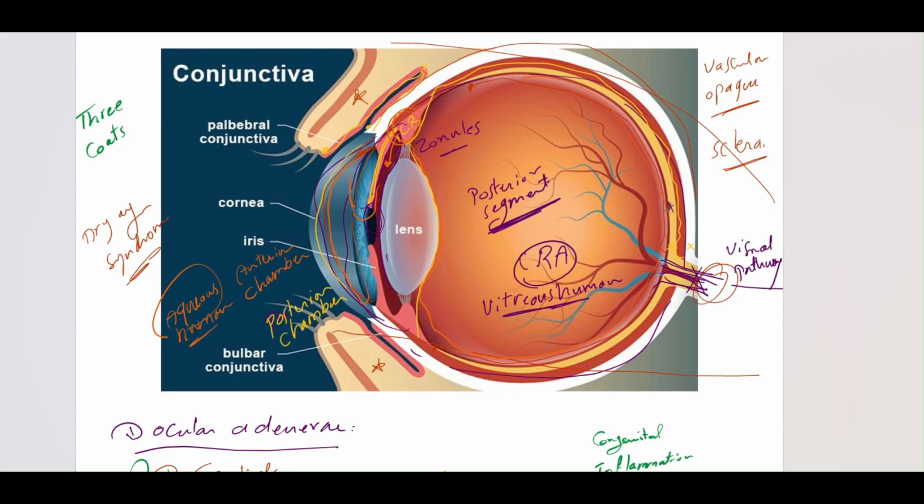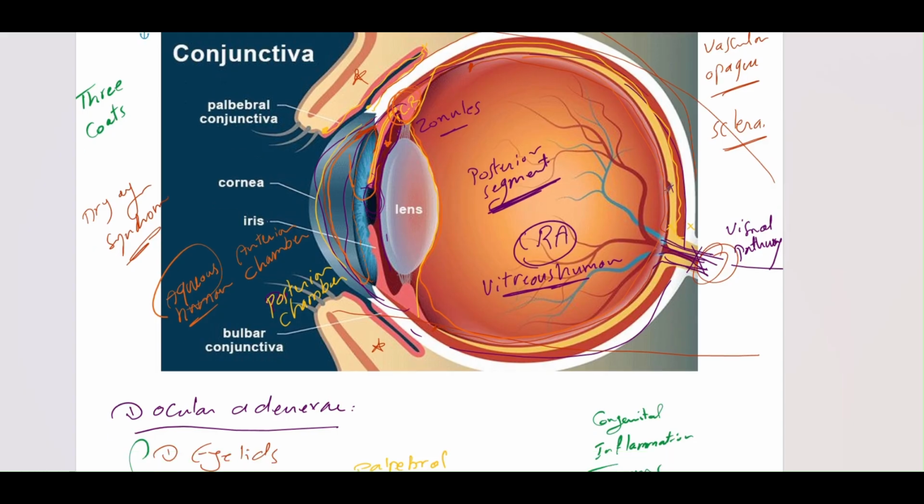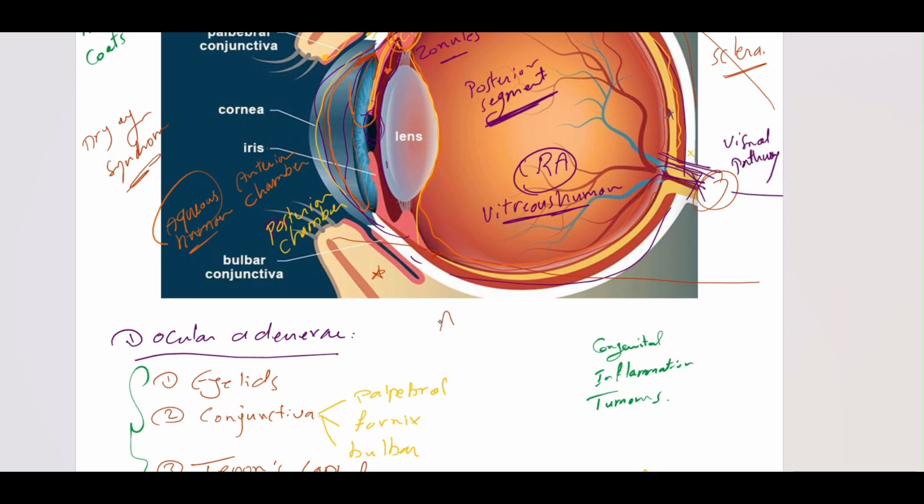So from this angle between the cornea and the anterior surface of the iris, there is an angle. This is called the anterior chamber angle. And this anterior chamber angle has specialized structures like the trabecular meshwork.